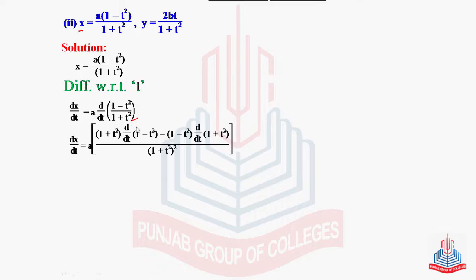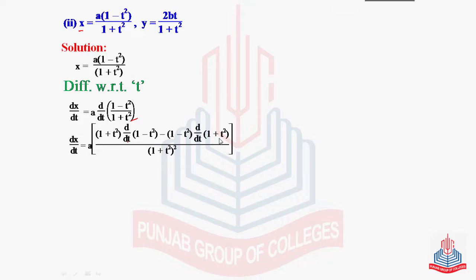a will be as it is, and by applying the quotient theorem here, first we take the square of the denominator, (1 plus t square) whole square, and 1 plus t square will be as it is, and the derivative will apply on the numerator, which is 1 minus t square, minus (1 minus t square), which is actually the numerator, will be as it is, and the derivative will apply on the denominator, which is 1 plus t square.